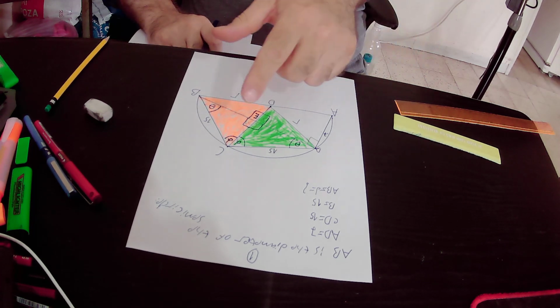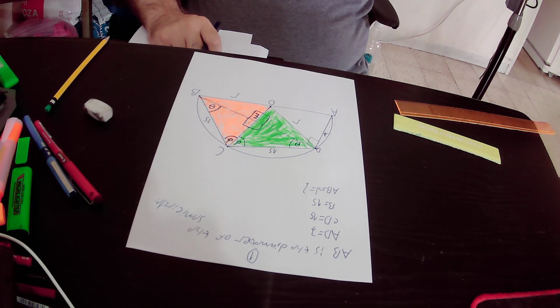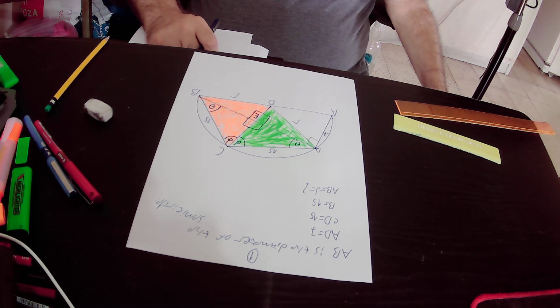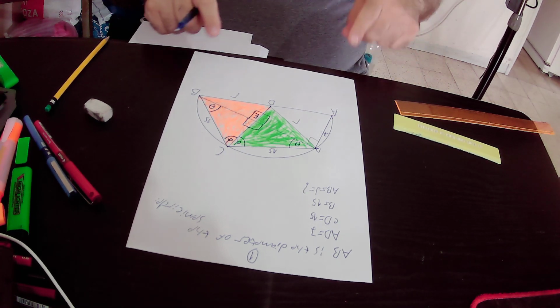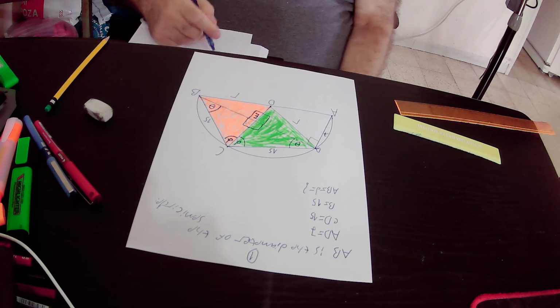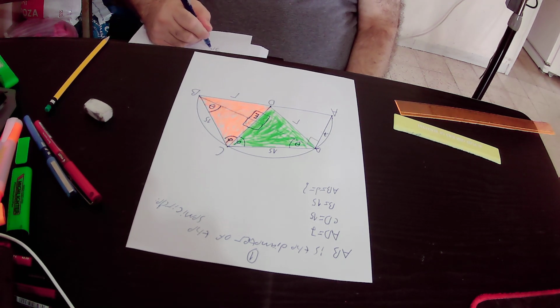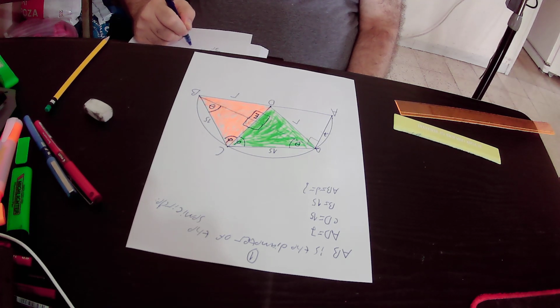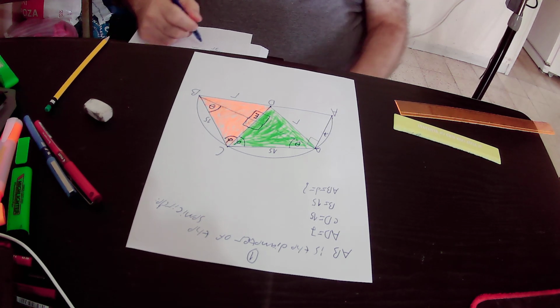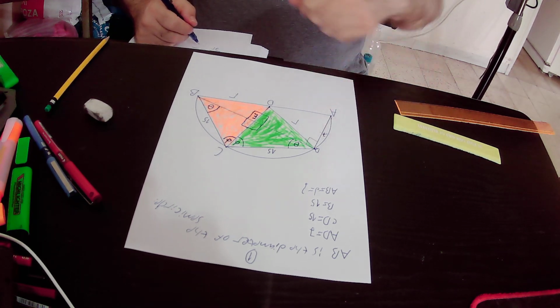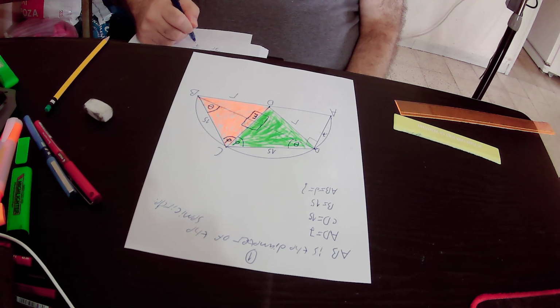AB is the diameter of the semicircle, and we know that the diameter is equal to 2 times the radius, so AB is 2R. It equals OE over AD. What is the size of AD? AD equals 7 units, according to what is given in the question.